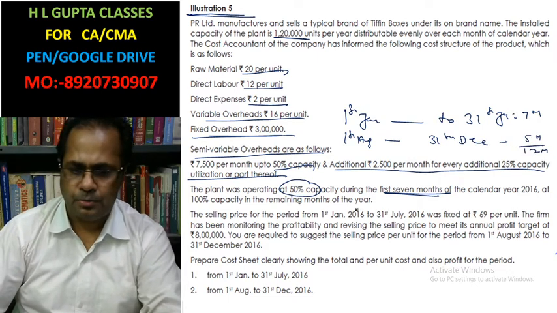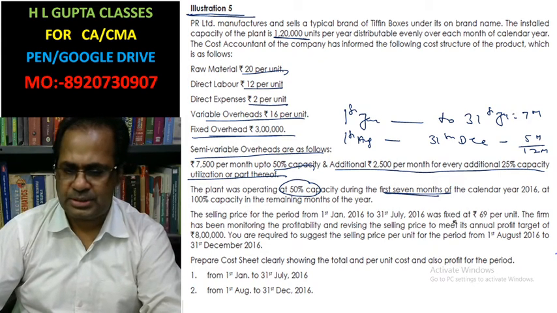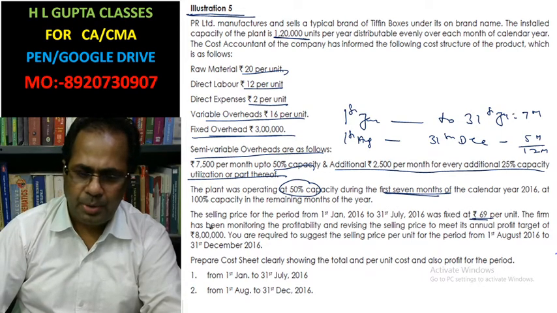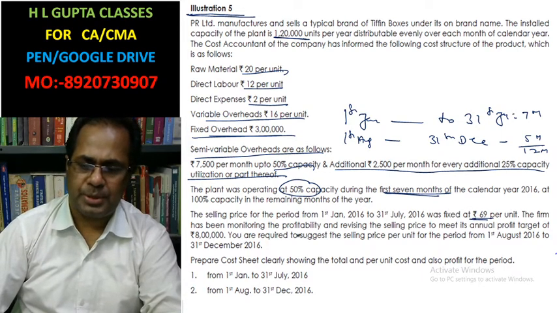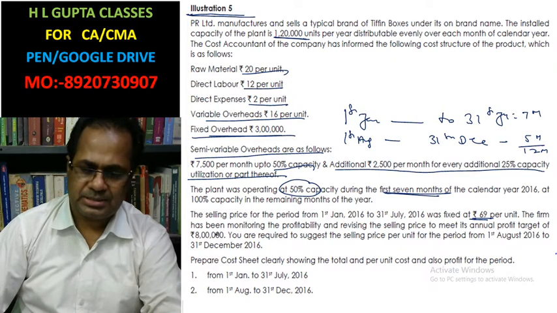Up to 31st July the selling price was fixed at 69 per unit. The firm has been monitoring profitability and revising the selling price to meet its annual profit target of rupees 8 lakh.